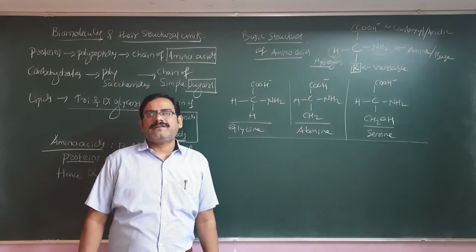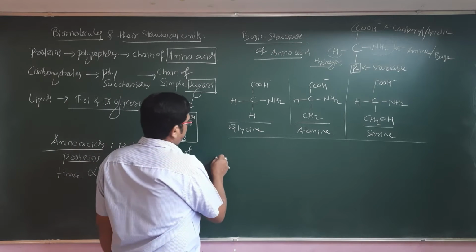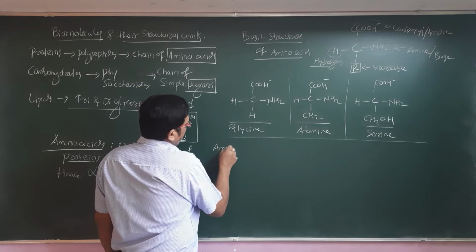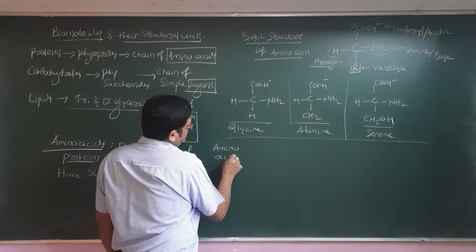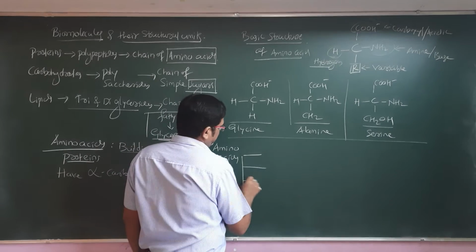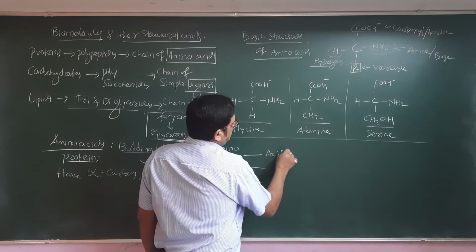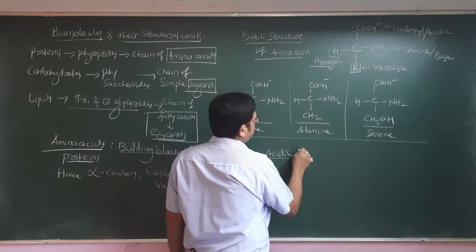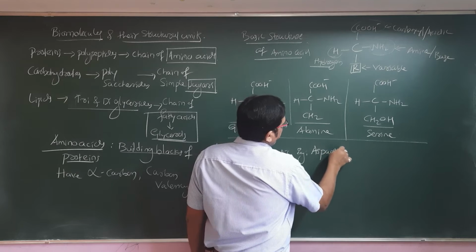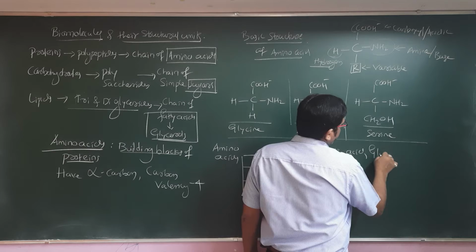So amino acids can be classified as 3 types, or we can say they may be 4 types. Let us say they are mainly acidic. Acidic amino acids, for example, aspartic acid, then glutamic acid.